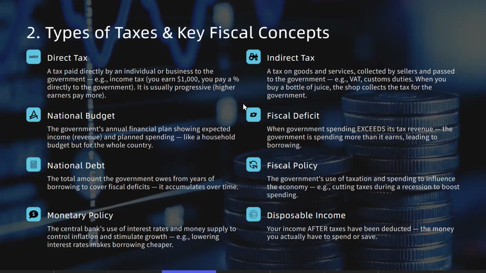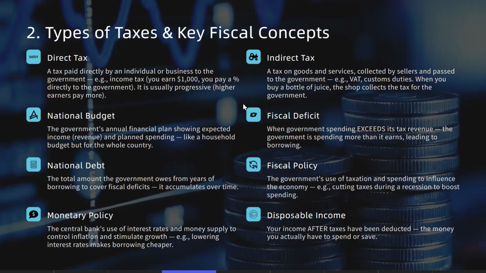So it comes straight out from your income or your profits and goes directly to the government. It doesn't pass through any third parties. So your income tax or your corporation tax. Income tax comes straight from your salary and goes to the government. Corporation tax comes straight from your profits and goes to the government.